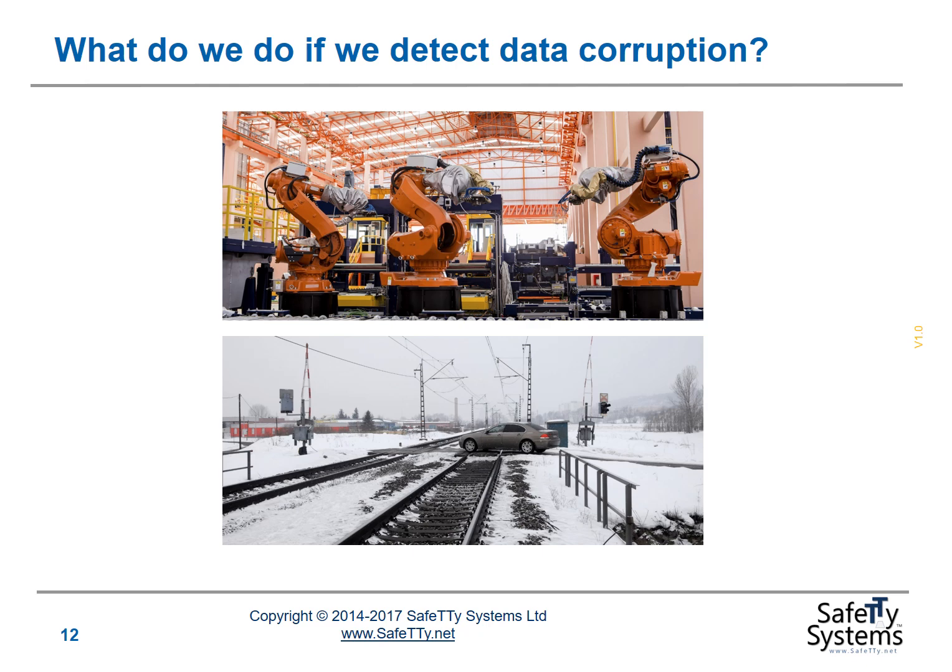So suppose we consider two examples. Suppose we're controlling a set of robots in a factory, and these robots might be used to manufacture a passenger car, for example. We detect data corruption, not necessarily particularly surprising. These robots may be carrying out arc welding.